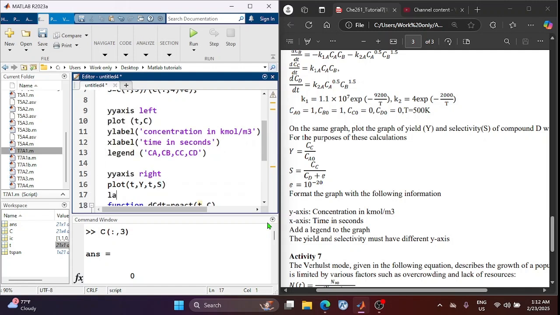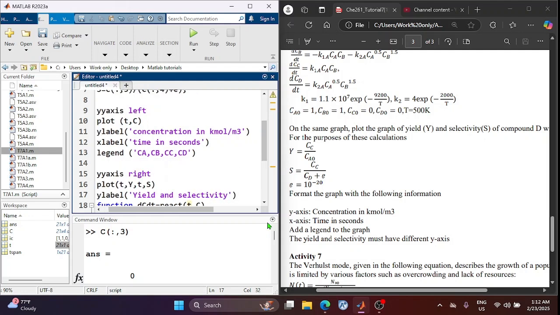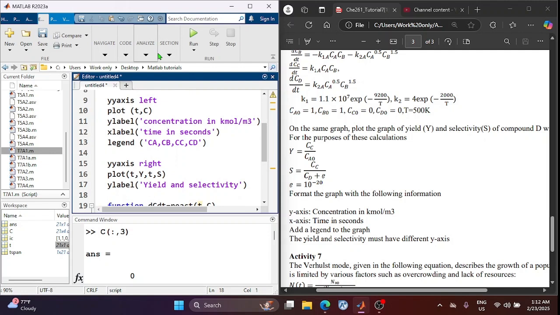So we can label that axis. The y label, let's call this one maybe yield and selectivity. I think that should be fine. So let's run it and see what we get.